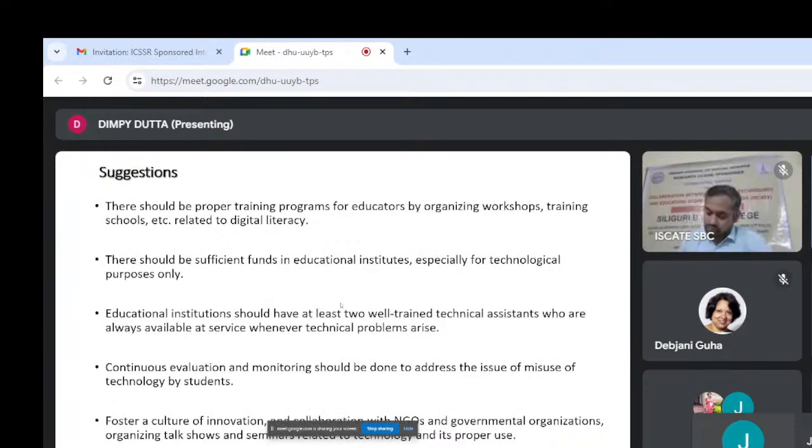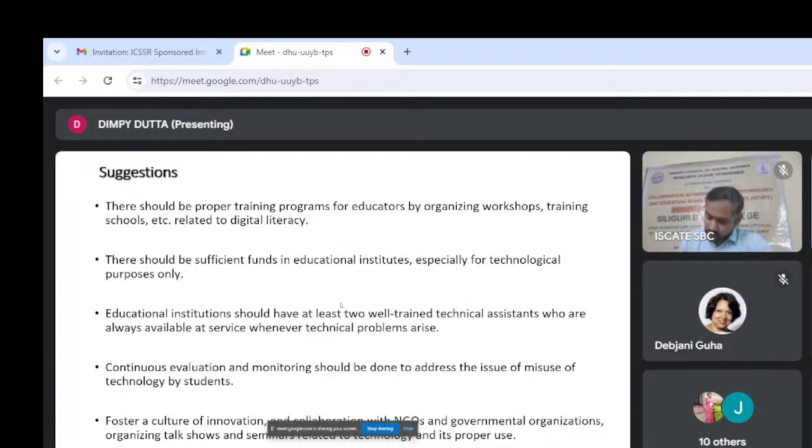Lastly, I would like to give some suggestions. There should be proper training programs for educators by organizing workshops and training schools related to digital literacy. There should be sufficient funds in educational institutions, especially for technological purposes only.